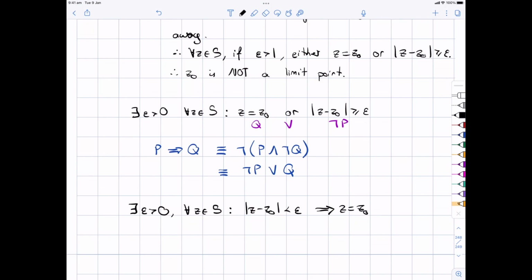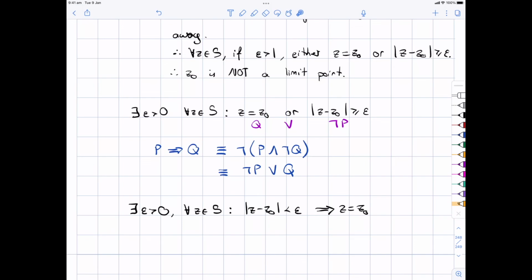Okay? And now it's a little bit easier to see what we were trying to explain before. I'm trying to find a radius so that for any value of S, if it is within the circle centered at z0, then it has to be z equal to z0. It has to be that center. It has to be the supposed limit point.